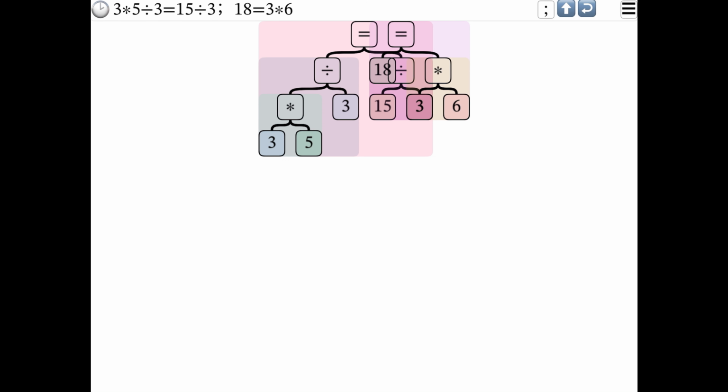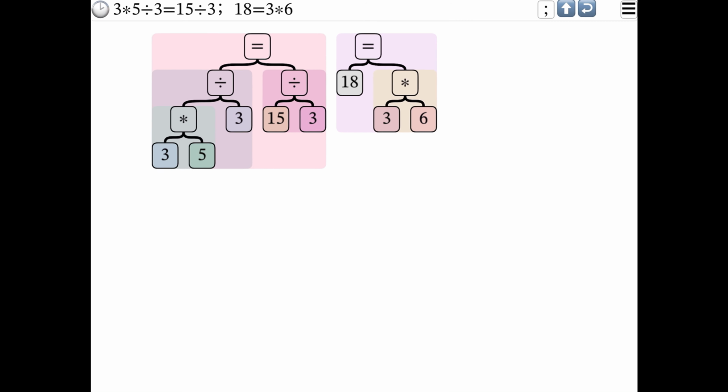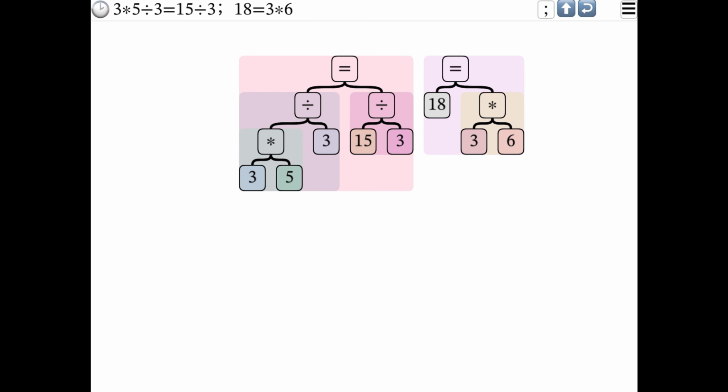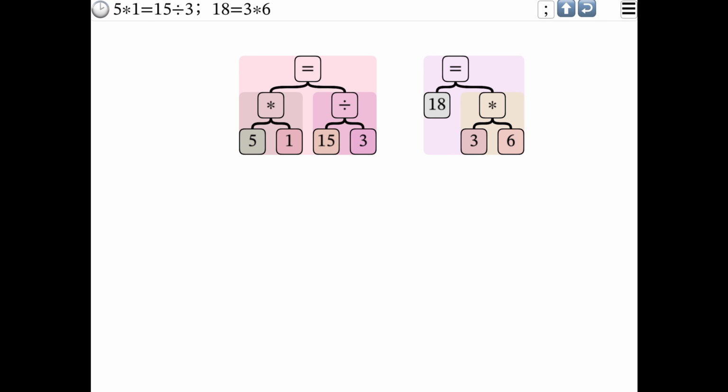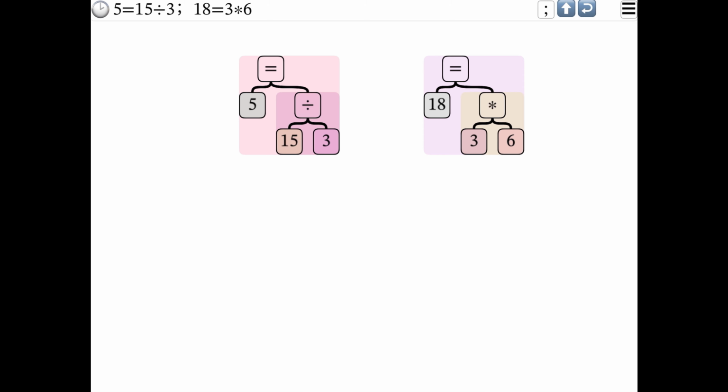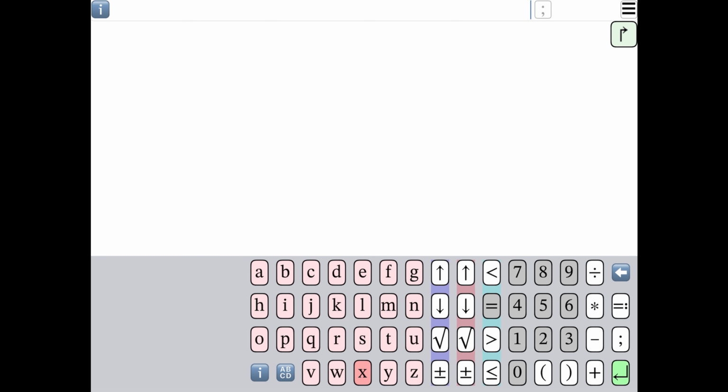Remember, you can always double tap on white space to clean up your screen layout. This works for most other operators also, such as raise, root, and log.